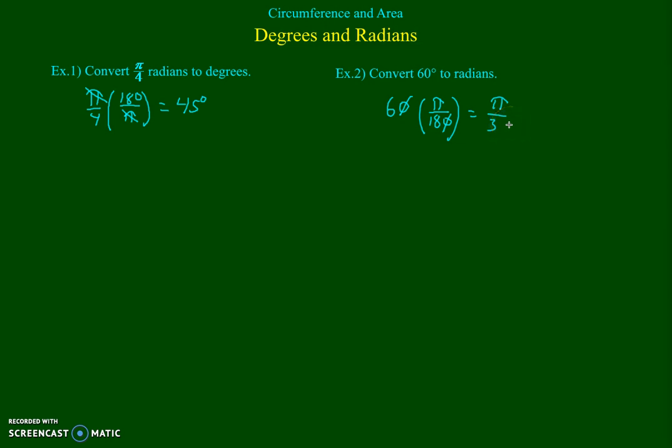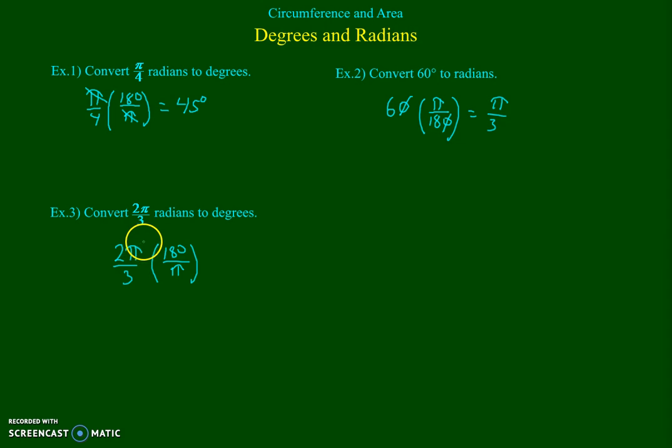All right, let's take a look at another example. So here we're going to convert 2 pi over 3 radians to degrees. So that's 2 pi over 3. And since it's radians, it's small, so I've got to make it bigger, times 180 over pi.